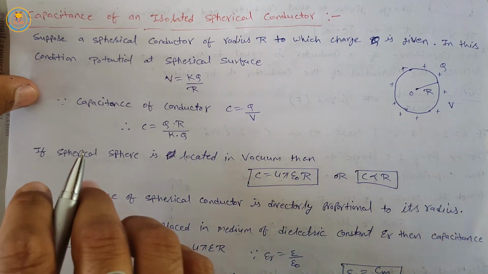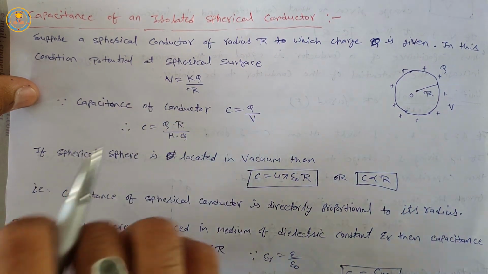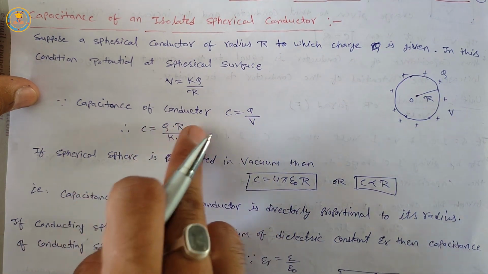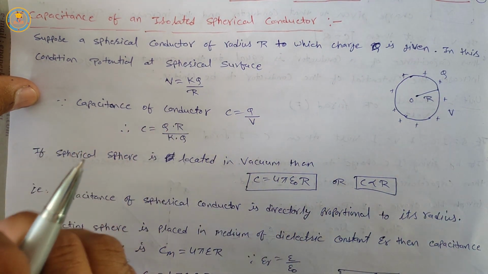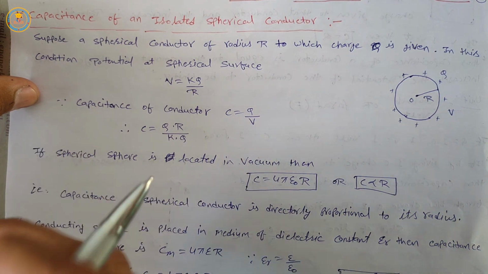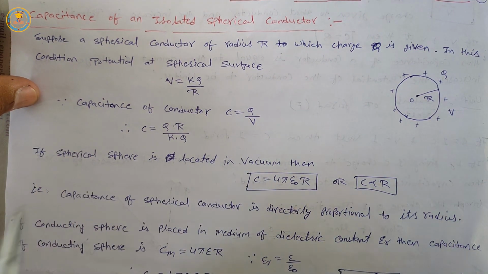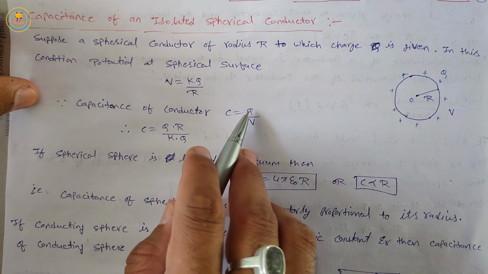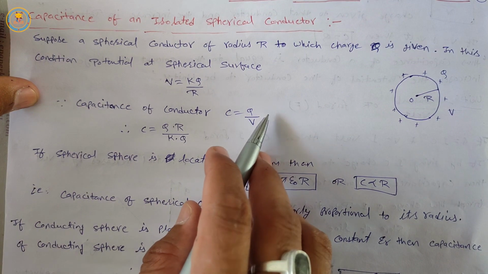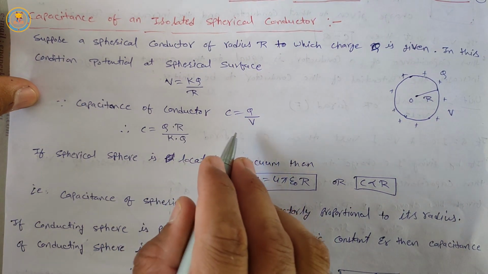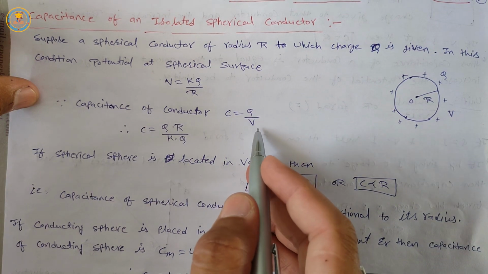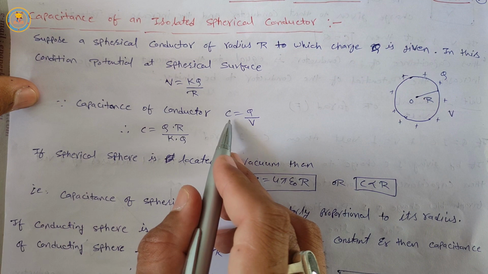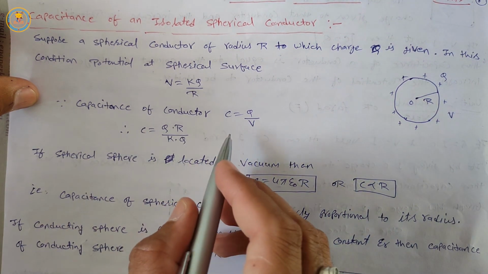We know that the capacitance of a conductor is C is equal to Q upon V. The simple meaning of capacitance is the charge stored by a conductor. We can say the ratio of the charge given to a conductor and the change in its electric potential is equal to the capacitance of the conductor.